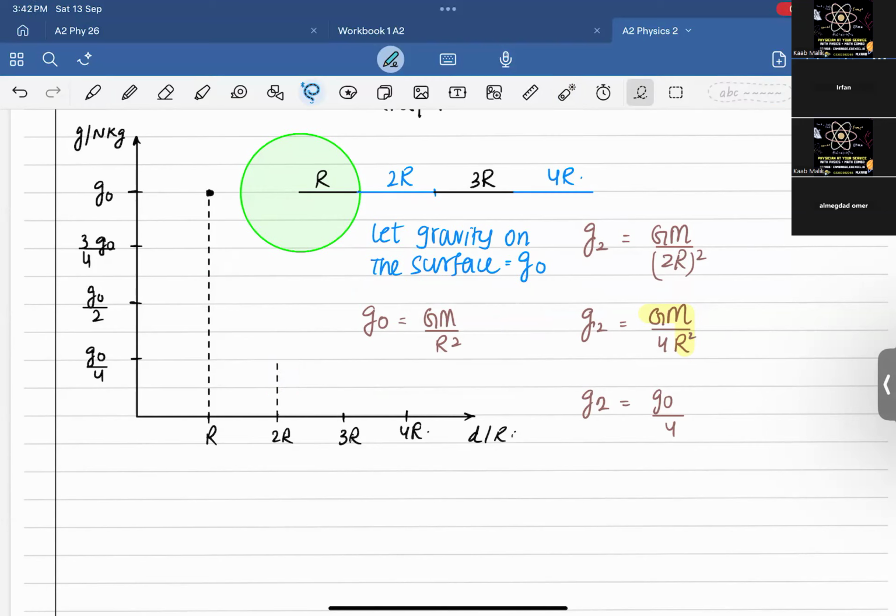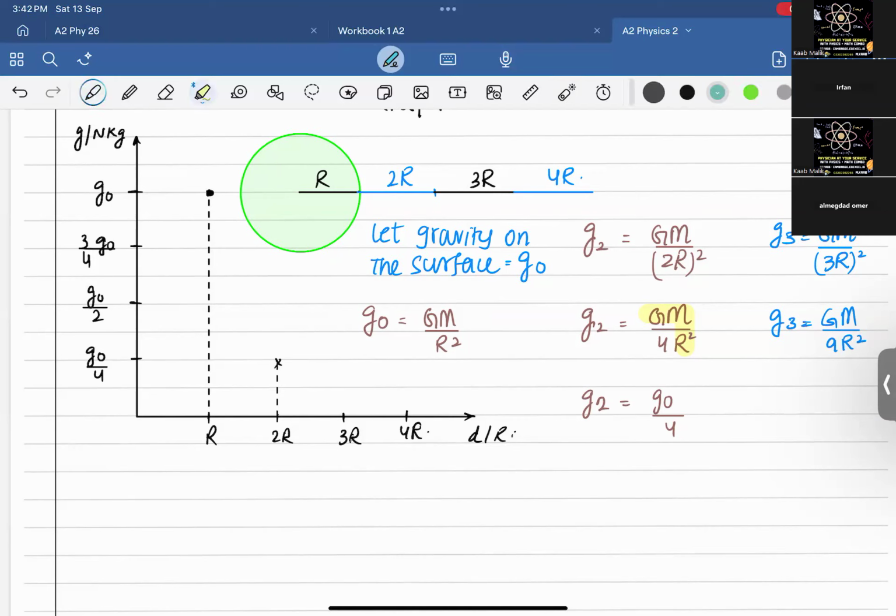Now the third point is going to be G3. G3 is equal to GM over (3r) squared. If you solve for it, G3 is equal to GM over 9r squared.